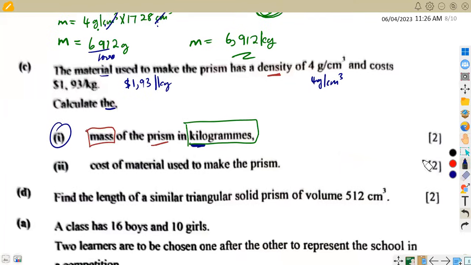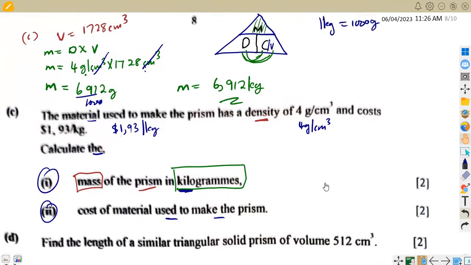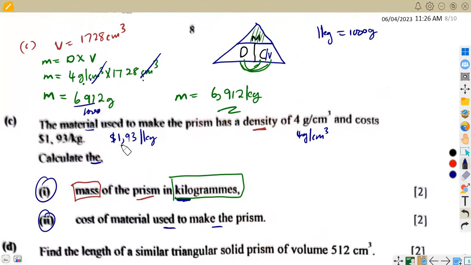So now, from the mass that we are given, they are asking us to calculate the cost of the material used to make the prism. What can we do in this case to find the cost? We are given that it costs $1.93 per kg, and we have the mass here in kg. So if it is costing $1.93 per kg, what about for 6.912 kgs?